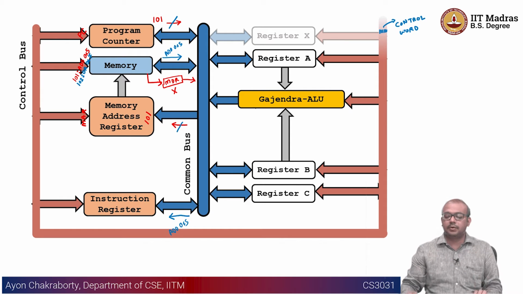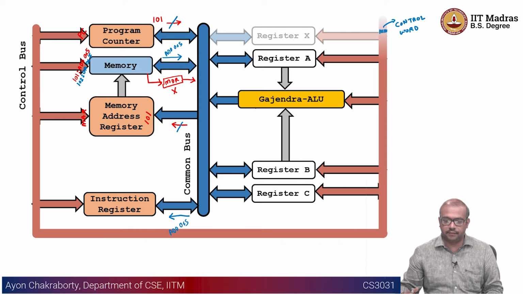The specific control word is going to tell us that at this point of time, maybe the program counter should be writing to the common bus, and the memory address register should be listening to the common bus, or the memory is going to write to the common bus, the instruction register has to read from the common bus, or the program counter has to be incremented, right? Or the program counter should not be incremented, it should be frozen, or the program counter has to be loaded by a value that is available in the common bus.